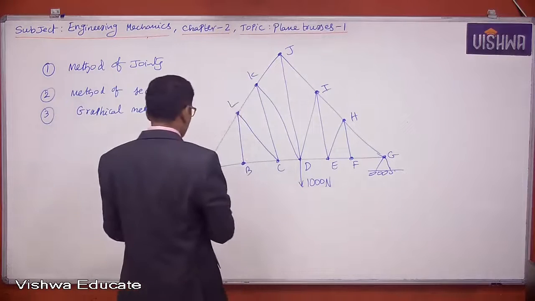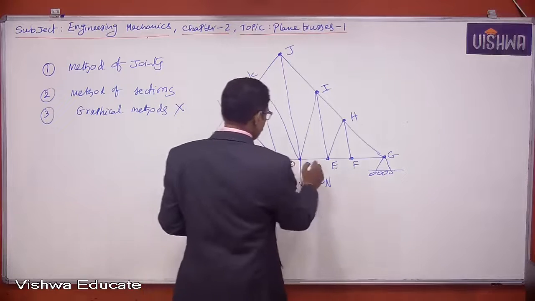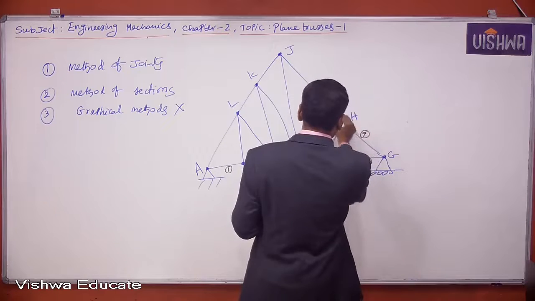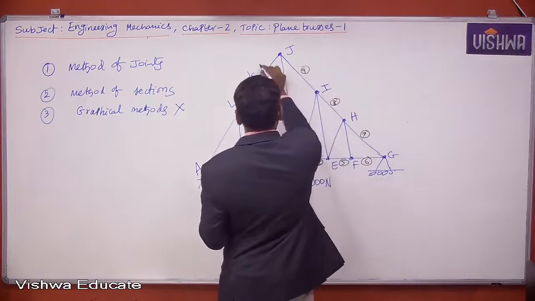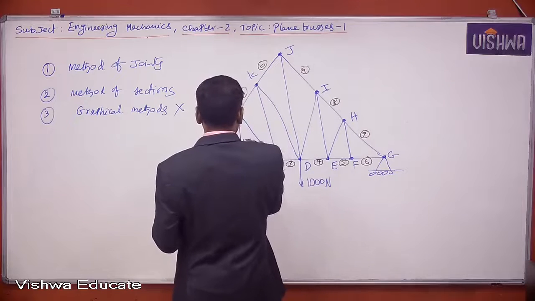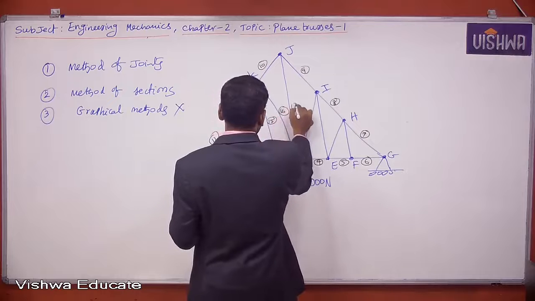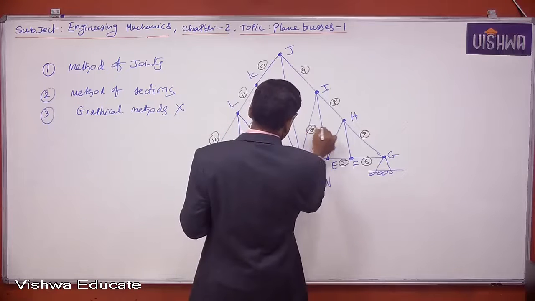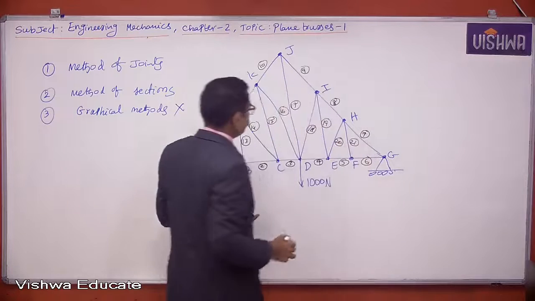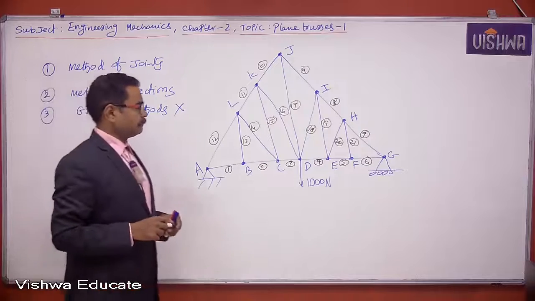For that, I may give numbering also. This is first member, this is second member, this is third member, fourth member, fifth member, sixth member, this is 7, 8, 9, 10, 11, 12, 13, 14, 15, 16, 17, 18, 19, 20 and 21. Give numbering also, right, so that you can easily understand.